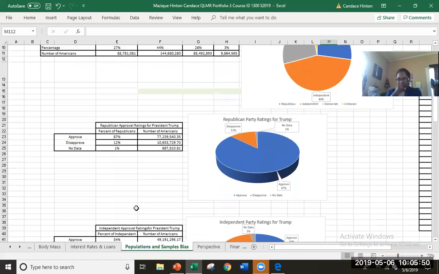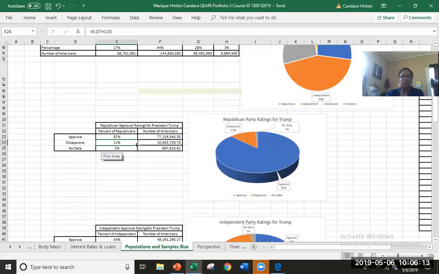Oh, excuse me. As we see here, as we go through our graphs, we have a percentage of Republicans that approve of Trump's time in office. They approve of everything that he does.